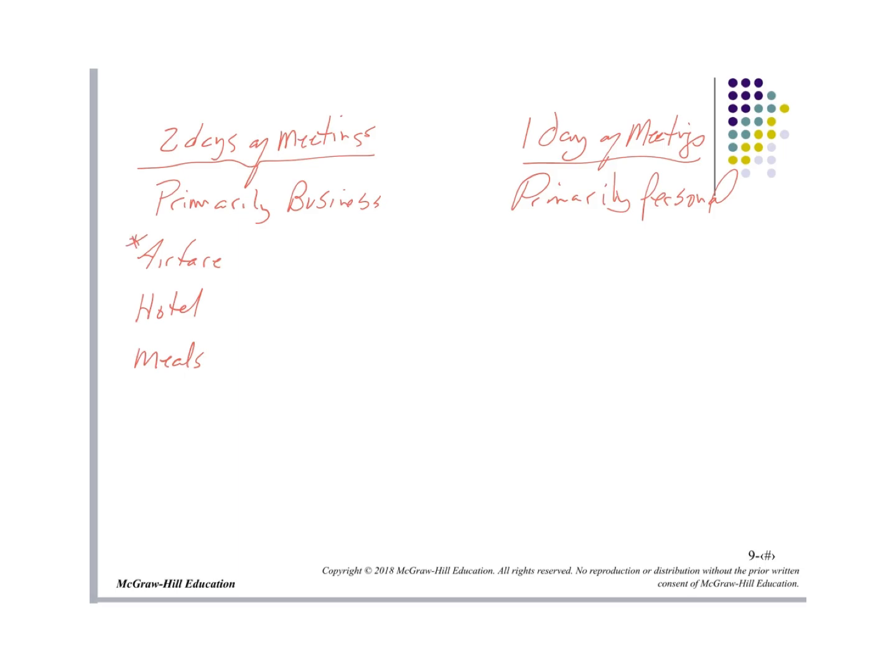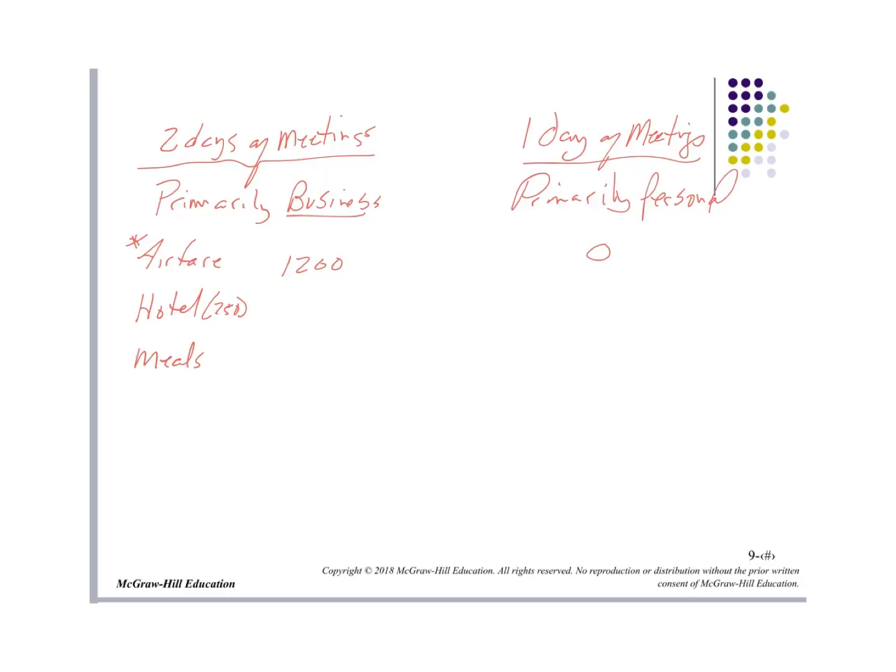Airfare is an all or none deal. Okay? So if you're primarily business, you get to deduct your airfare. If you're primarily personal, you do not. Okay? Hotel. Well, remember the hotel was $250 a day.